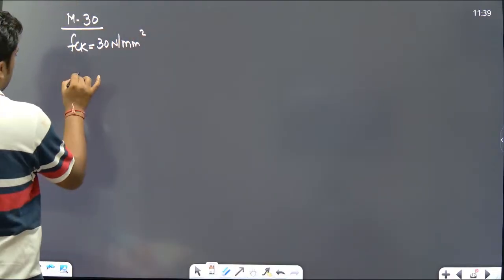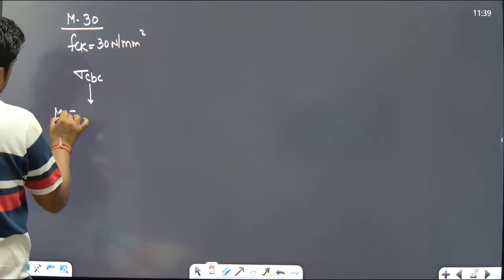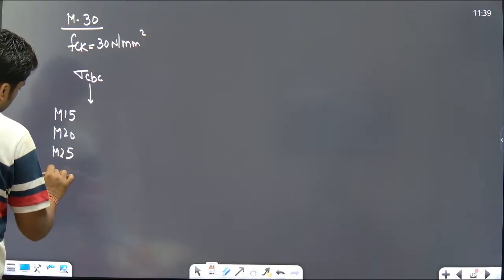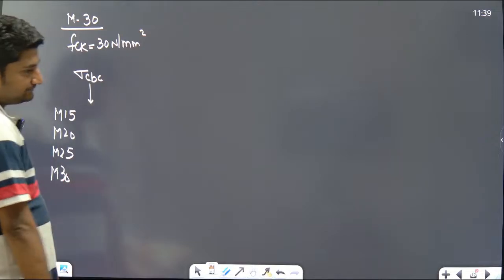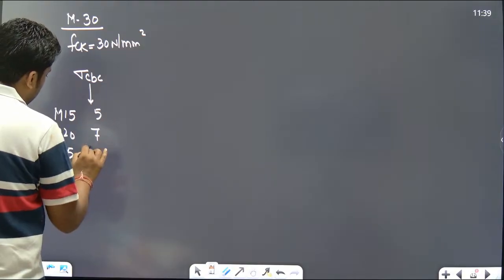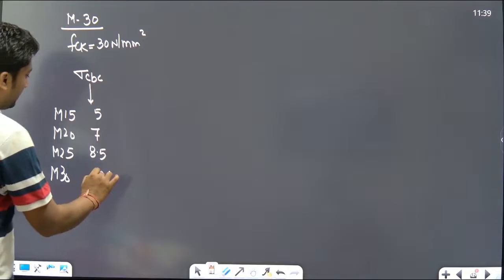If I see sigma CBC, what are the values for M15, M20, M25, M30? The values are 5, 7, 8.5 and 10. You can see 10 Newton per mm square.